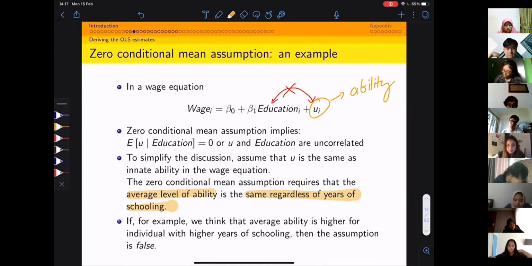But again, don't forget that this unobservable variable actually affects the dependent variable of interest. I guess this is going to be very key for a lot of you to really understand the meaning behind the zero conditional mean assumption. So please let me know if you have any clarification or questions.